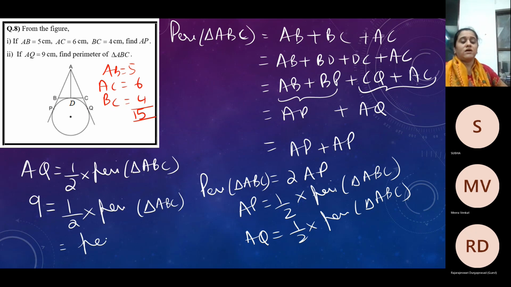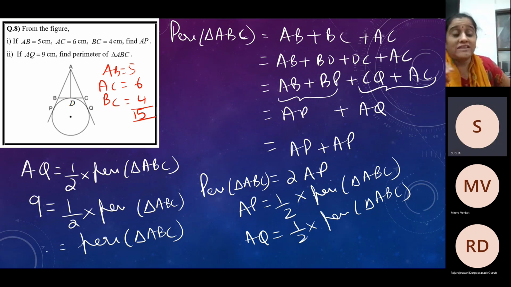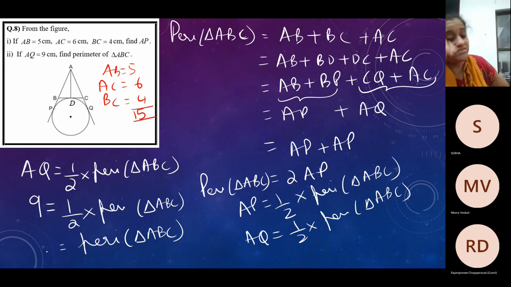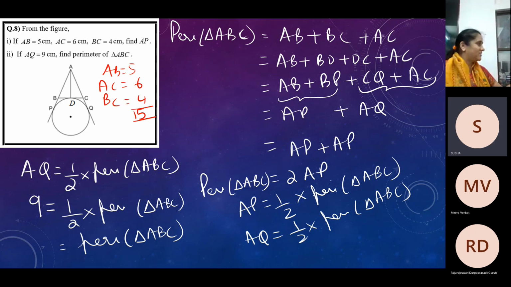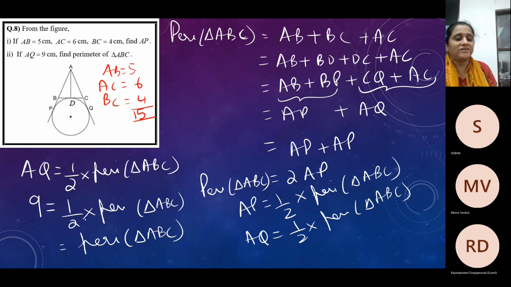15? Sorry, 15, how? Oh, sorry, the second subdivision. That's different. Okay, I understand that. No, this is a different situation. Work this and tell me what is the perimeter of triangle ABC? 18. Yes, 18. 9 into 2, 18.